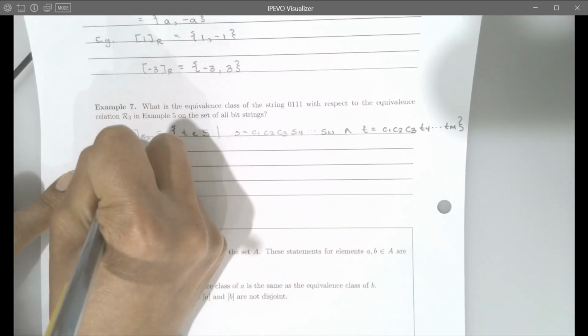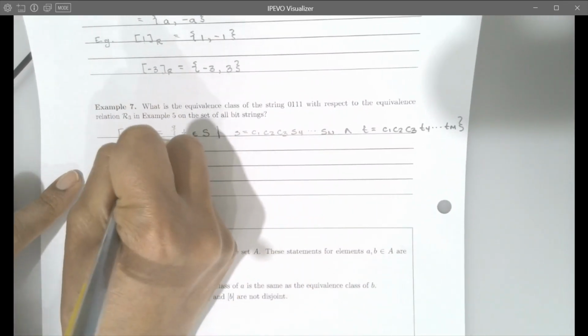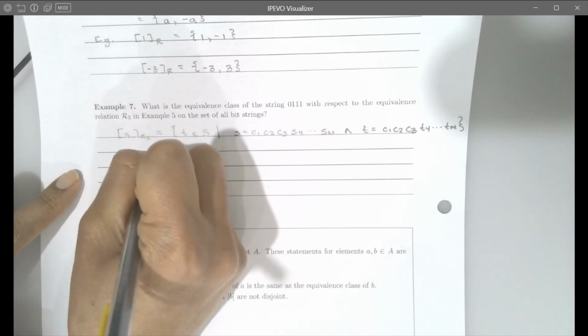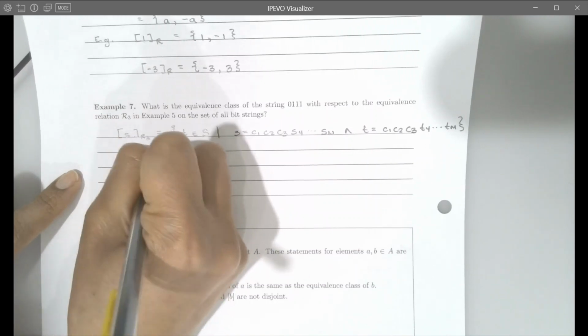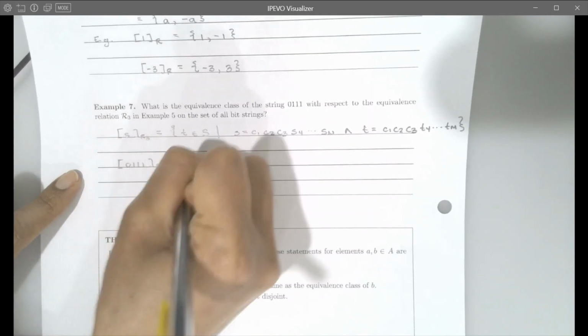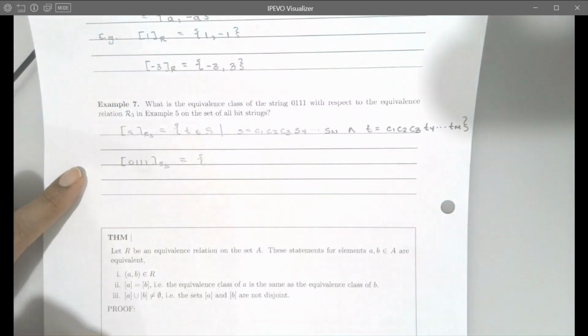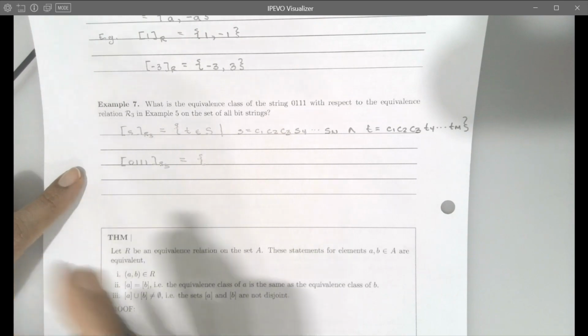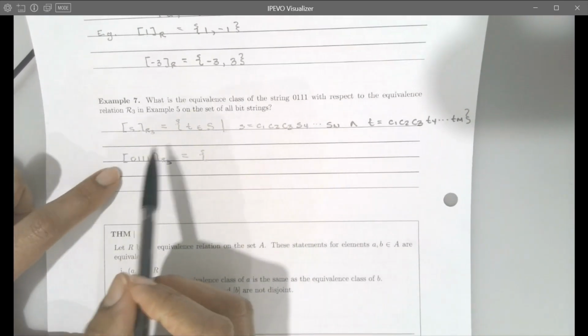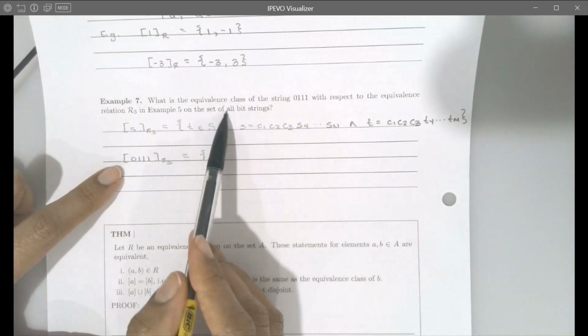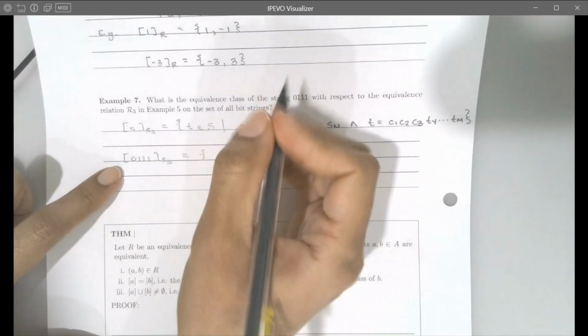So that means that if we're trying to find the equivalence class of 0, 1, 1, 1 with respect to R3, then that would be the set of all bit strings, or the set of all strings, but in this case, they say the domain is all bit strings.